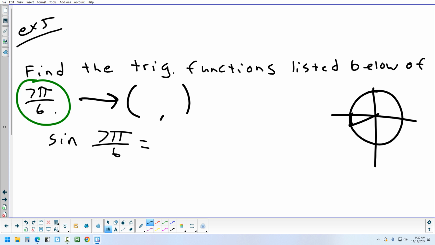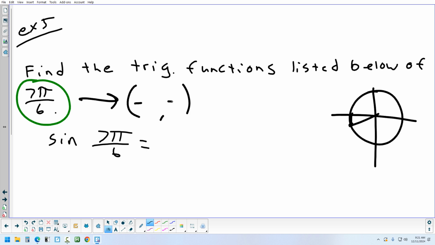Negative 2 squared over 2. Okay, a couple things. First, I think you're thinking of a 45, 90, and it's square root, not squared. But yeah, you're thinking of the 45, 90, which we are going to do another one with, but not this one. Yep, negative root 3 over 2, negative 1 over 2.